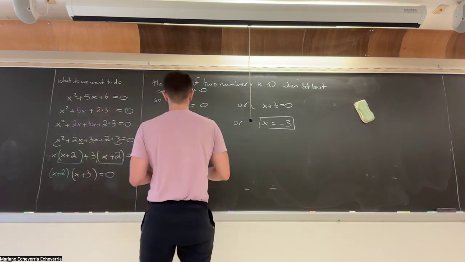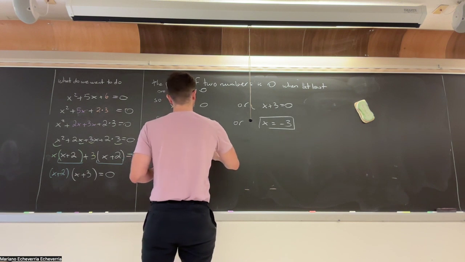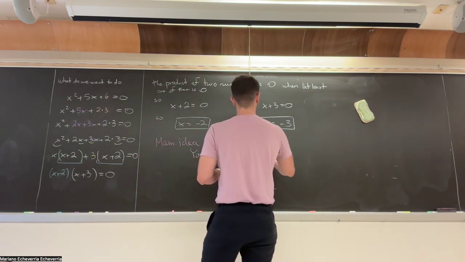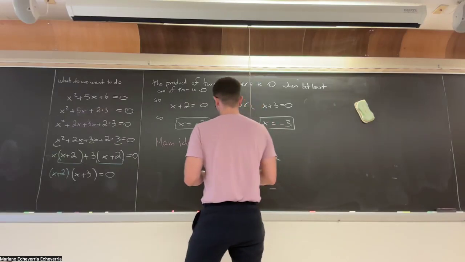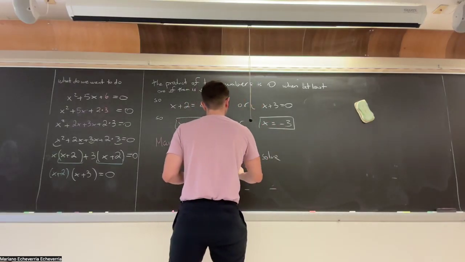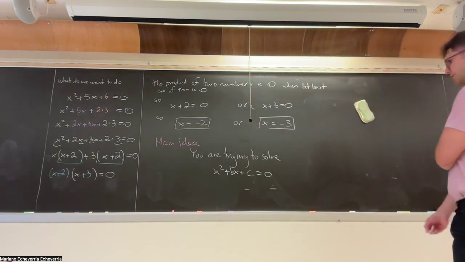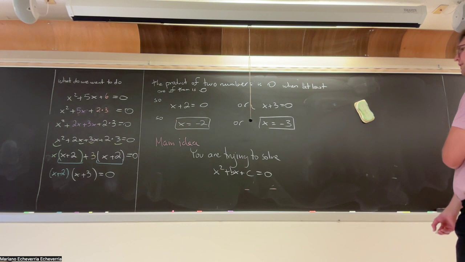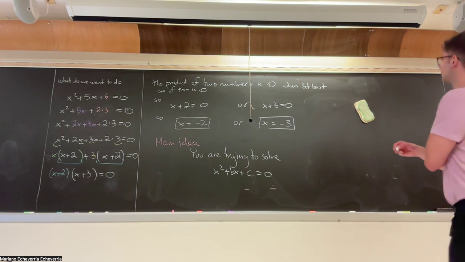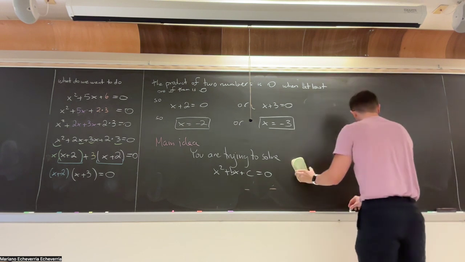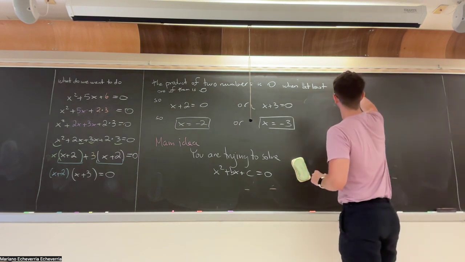So you're trying to solve x squared plus bx plus c equals 0. So that is the equation that you're trying to solve. And the goal, so here's what you're trying to do.